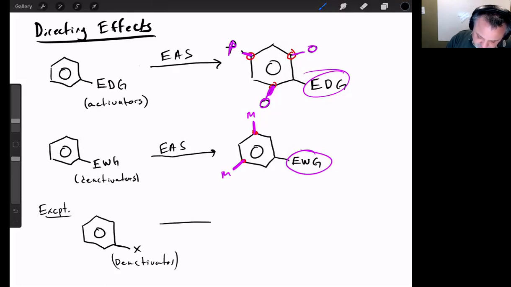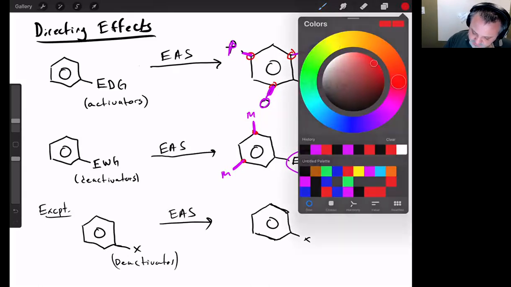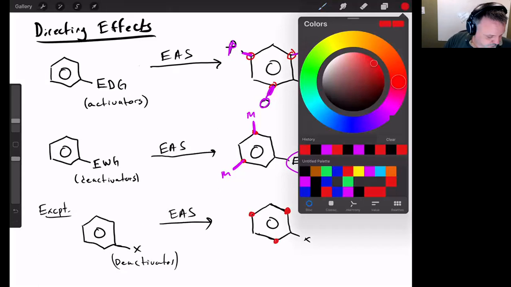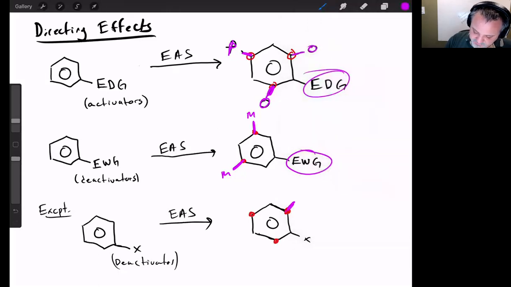So subsequent electrophilic aromatic substitution reactions do go slower than one without the halogen on it, but it still nonetheless directs ortho and para. And so if there were going to be an addition after that, it would be here at the ortho and para positions. Okay.